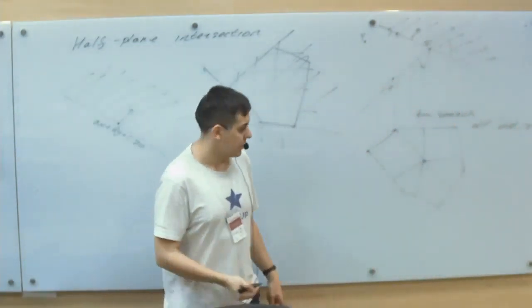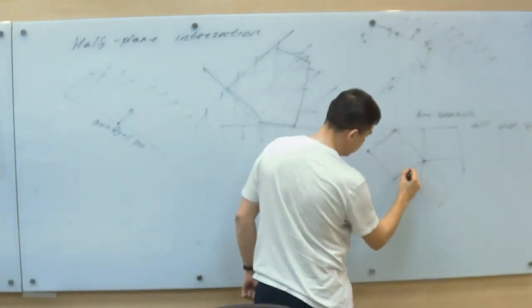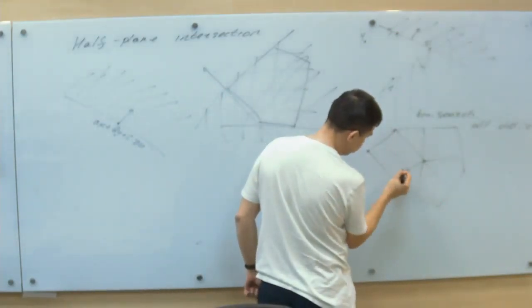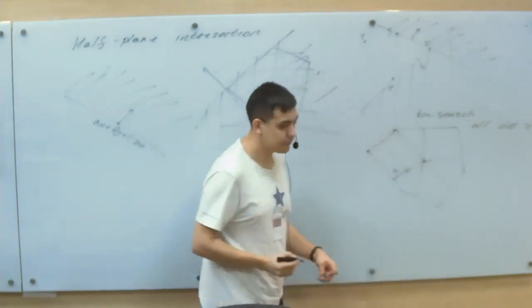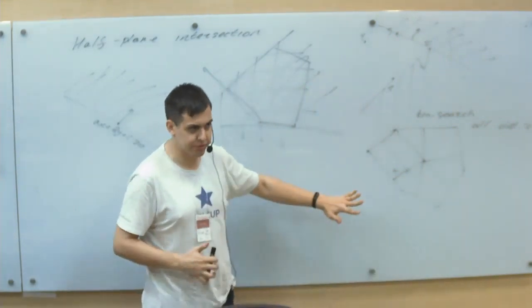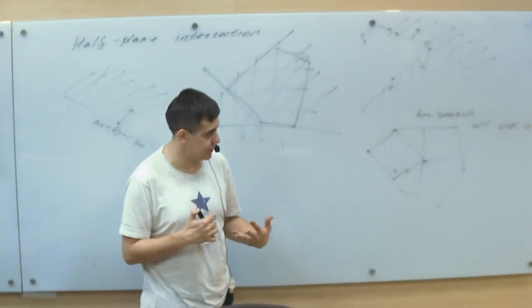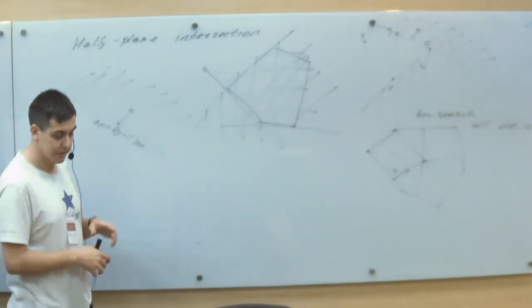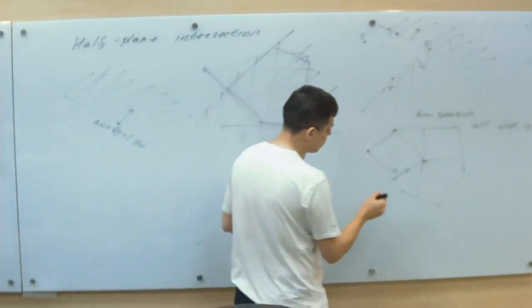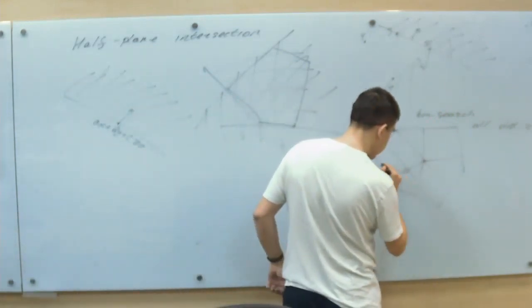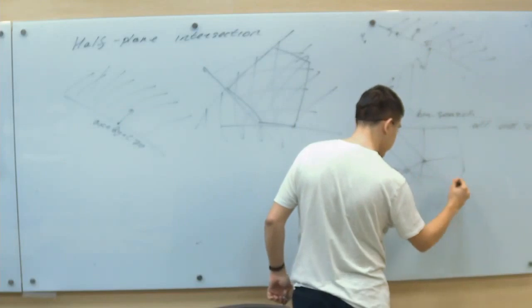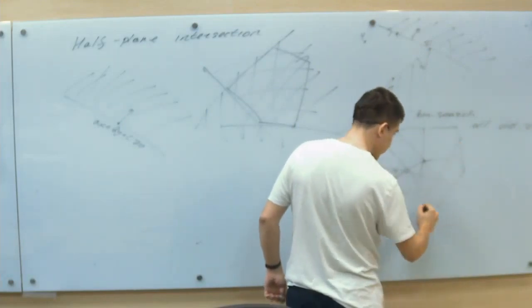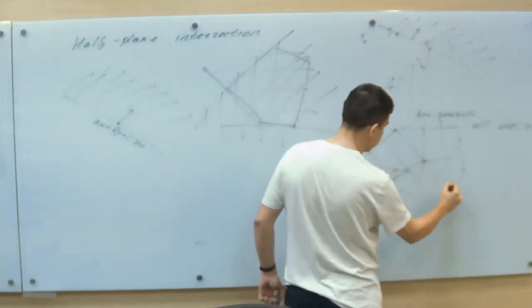Well, to do that, we can move each side inside by x. And this is a simple transformation on the line equation. This just involves changing the parameter c. So we move each side inside of this polygon.